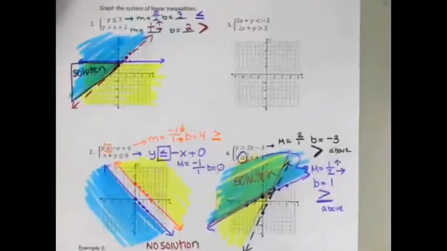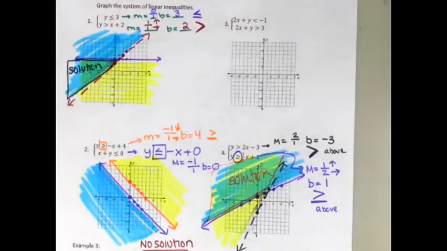Okay, 3. What's wrong with these? Number 3? I haven't even graphed them yet. But what do I have to do first? Oh, you already know. They're not y equals mx plus b. What else do you guys notice about them before we put them in there?